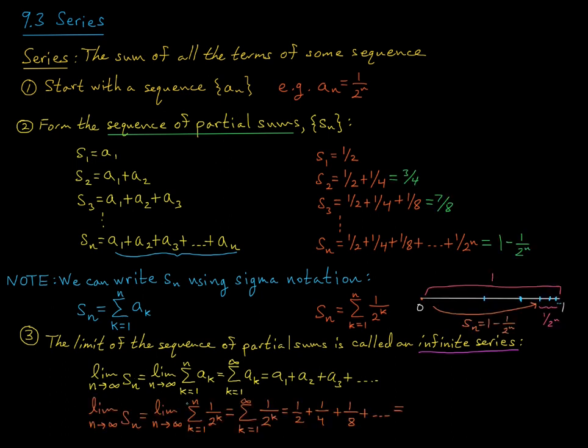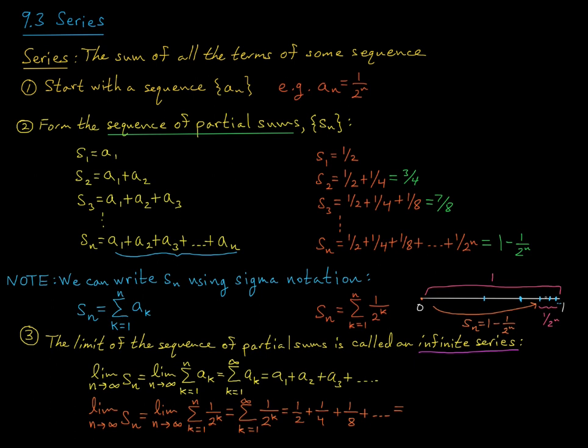So with Zeno, again, I'm just replacing a sub k with 1 over 2 to the k, and as we noted in the last video, S1 is a half, S2 is 3/4, S3 is 7/8, and so on and so forth. And S sub n, we argued using this figure right here, is equal to 1 minus 1 over 2 to the n. Remember, on the nth stage of Achilles' trip, he is 1 over 2 to the n units shy of the door, which is at 1.